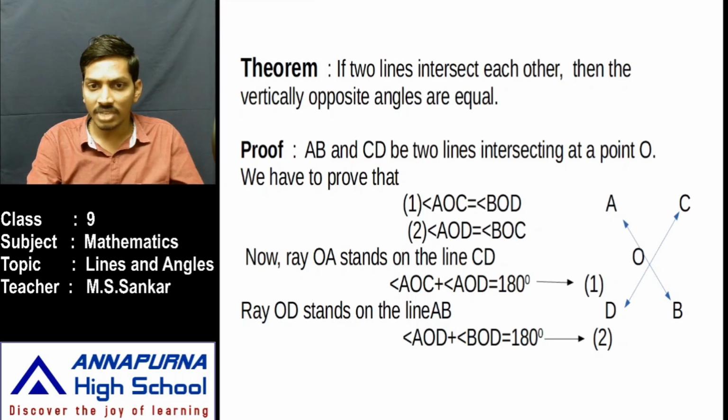Next, the ray OD stands on the line AB. AB is a straight line. Angle AOD and angle BOD are a linear pair of angles whose sum is 180 degrees. Angle AOD plus angle BOD is equal to 180 degrees. This is equation 2.